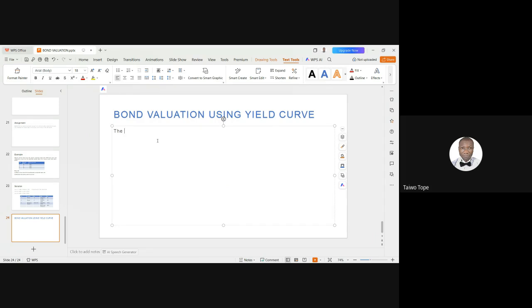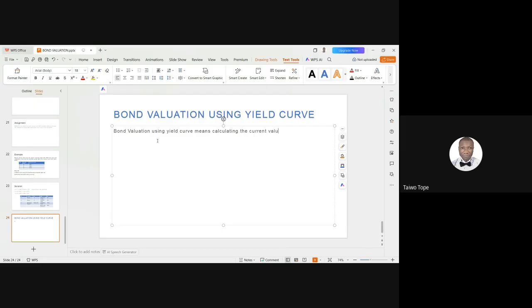It might take some days. So let's just come this way. So bond valuation using yield curve means calculating the current value.